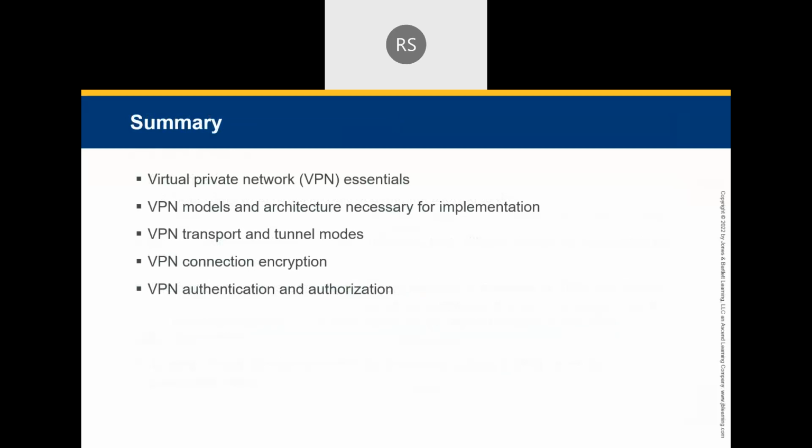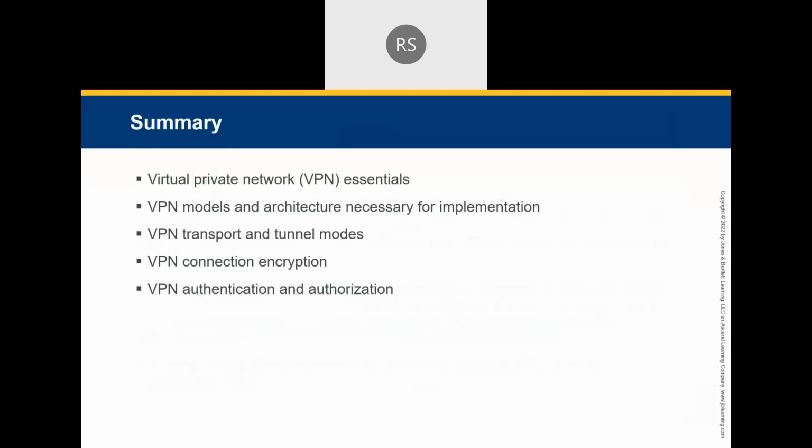So in this chapter, we've talked about the virtual private network essentials and how a VPN serves as a mechanism for establishing secure remote access. And those connections are across networks that are often utilizing the internet. We talked about the different types of models and architectures necessary for effective implementation, addressing a wide range of connectivity needs.